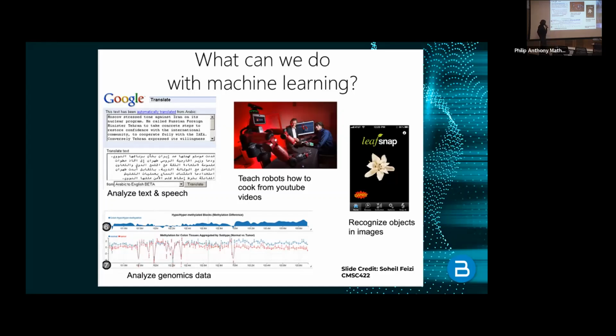That's true. We're working on stuff where there are some robots that are not necessarily cooking, but instead of cooking, you look at the way that people move their hands. So you look at a video of someone doing arm exercises or something like that, and you try to replicate that.